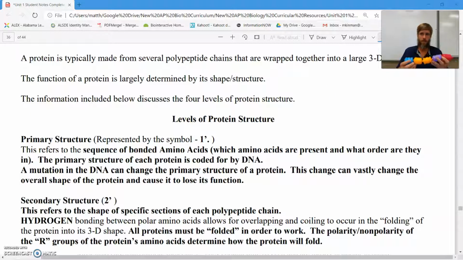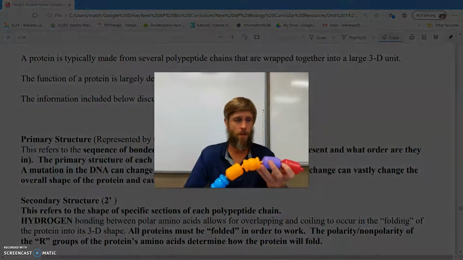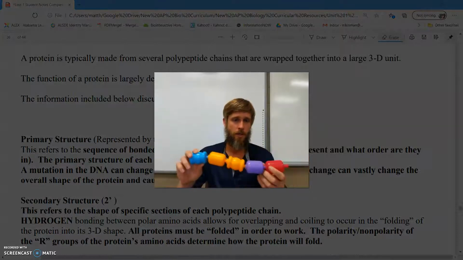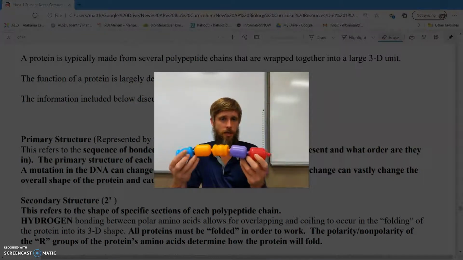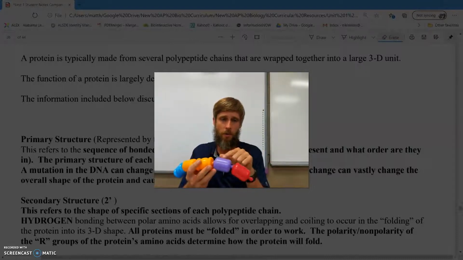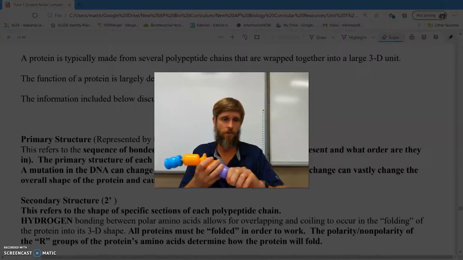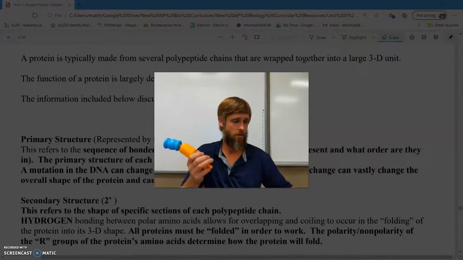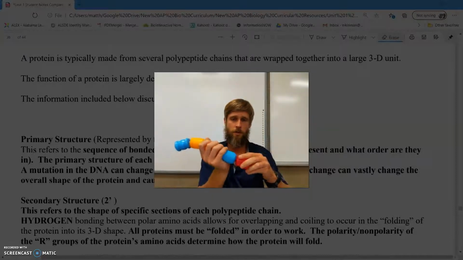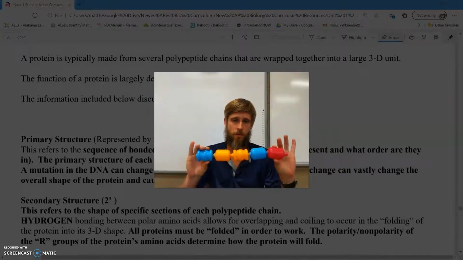All right, so we have here a pink, a purple, orange, and a blue. So let's say we have a mutation in the DNA, and instead of coding for a purple here, it codes for another blue. So remember, structure equals function.